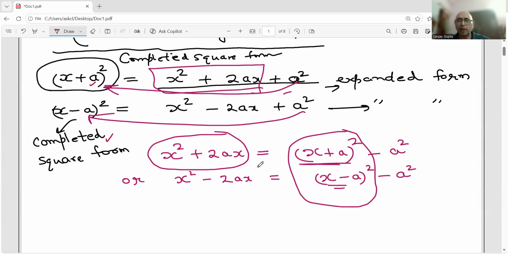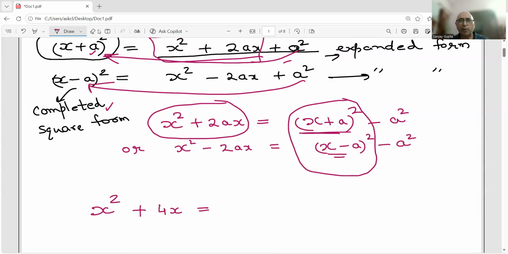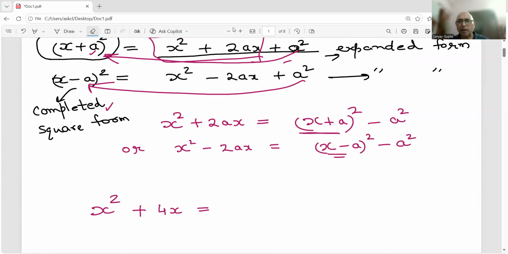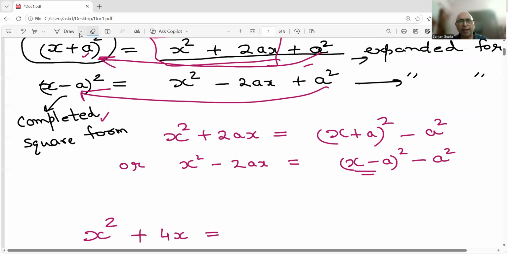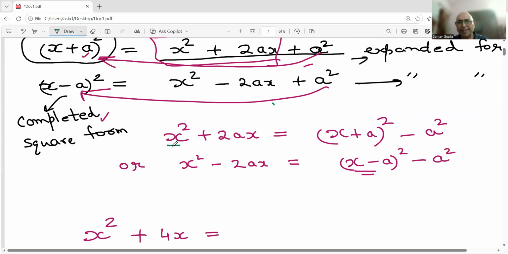So if I take an example now, let's say we have x square plus 4x. I want to write the completed square form of this. If you have a good look at this, if I have x squared plus 2ax, then I'm taking the x as it is.